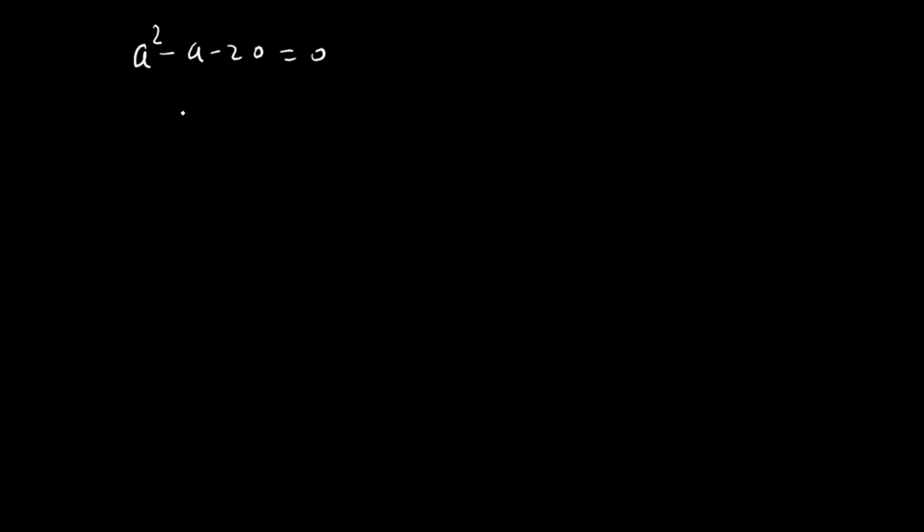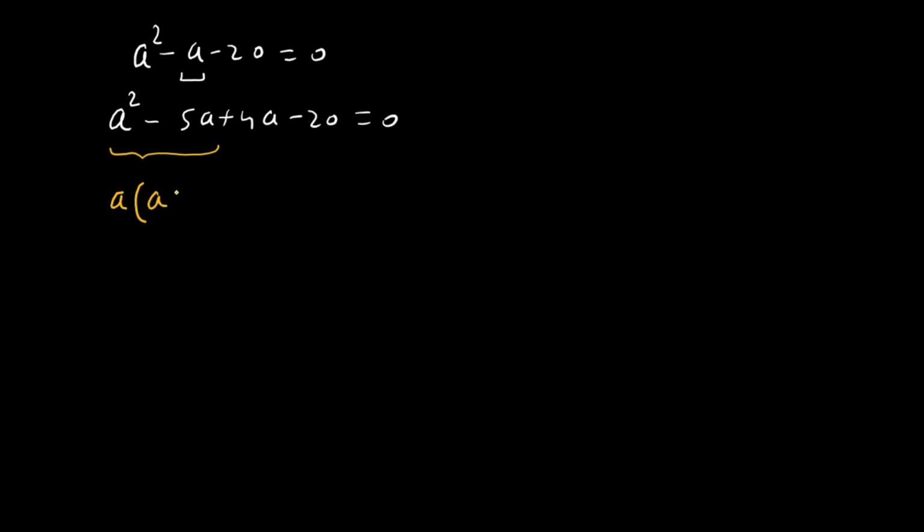By using middle term split, we will find the value of a. Then a square, this negative a is the same as minus 5 times a plus 4 times a, minus 20, equals 0. Now look carefully: in a square minus 5 times a, if we take a common, we get a times (a minus 5).